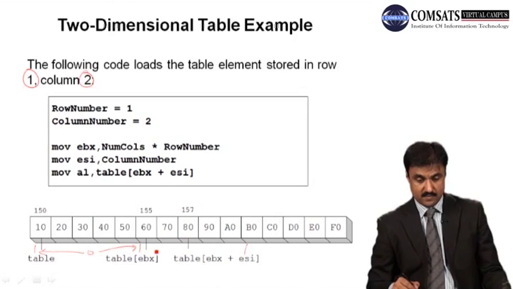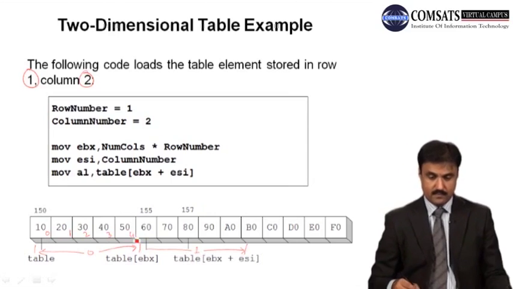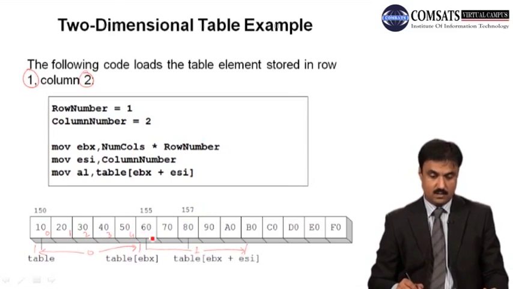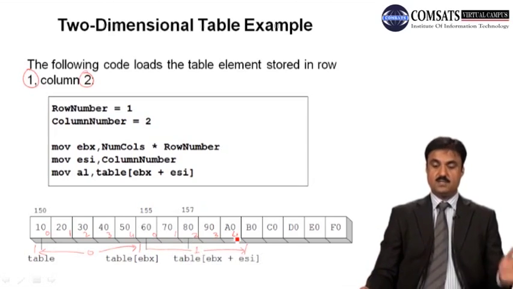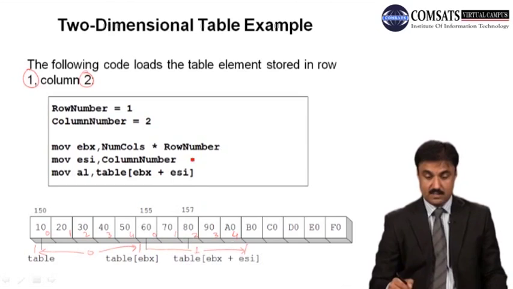From here to here we have row index 1. The column index starts from 0, 1, 2, 3, 4, and here we have the column index 0, 1, 2, 3, and 4, and so on. Similarly we have row index number 2 and so on.